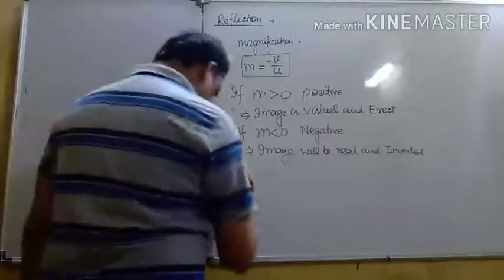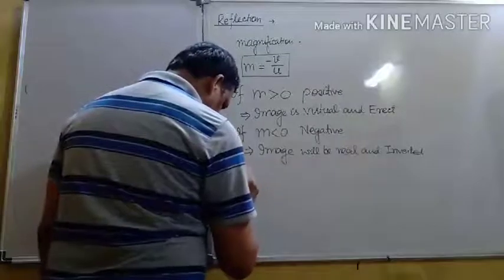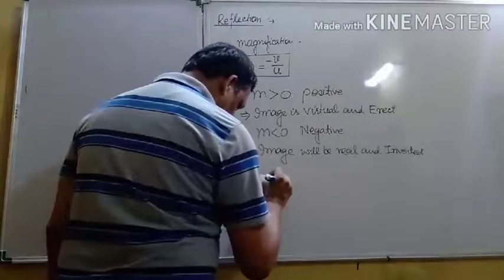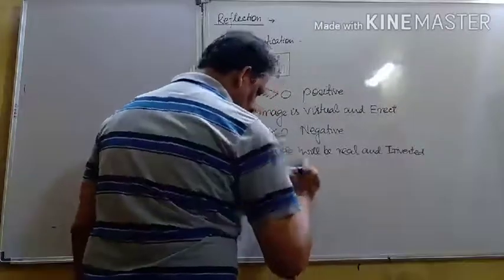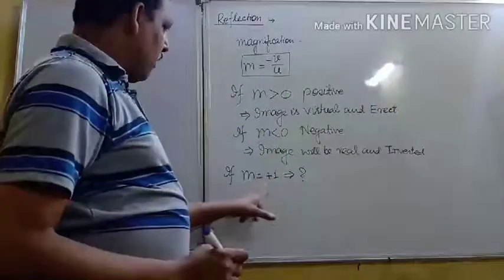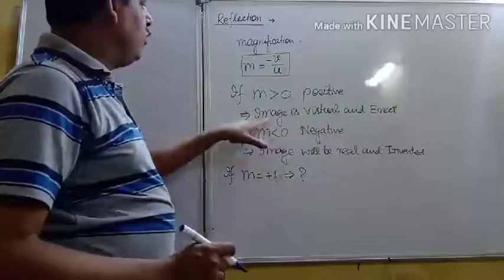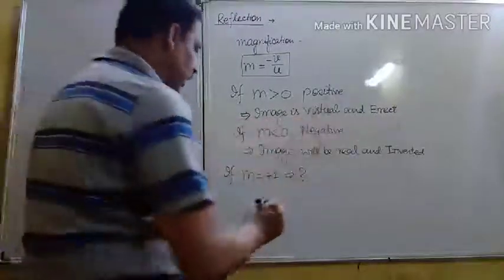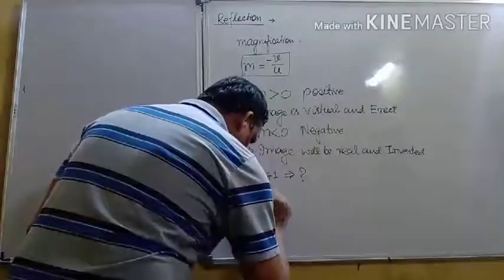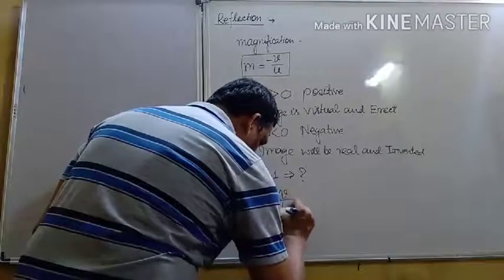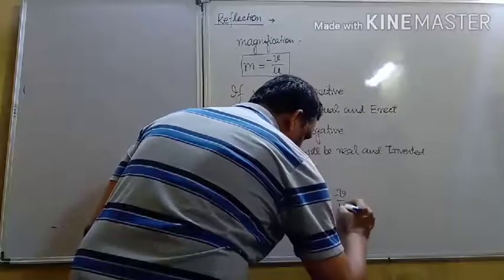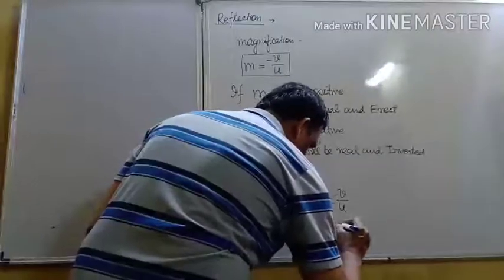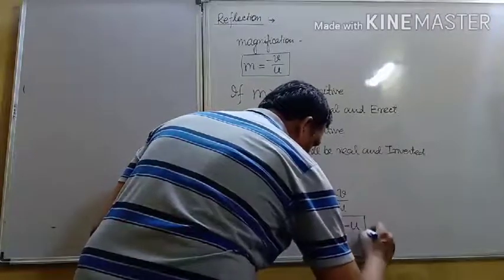And for example, if m is equal to plus 1, what does it mean? It means m has a positive value, the image will be virtual and erect. Then we use this formula, m is equal to minus v upon u. Here m is 1, so 1 is equal to minus v upon u, which means v is equal to minus u.